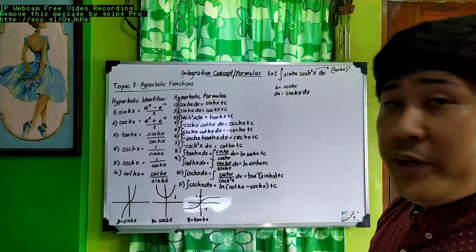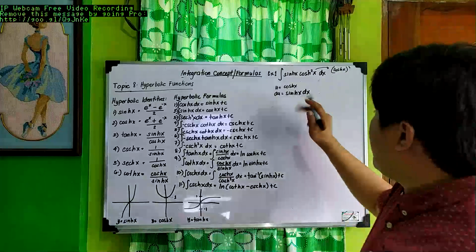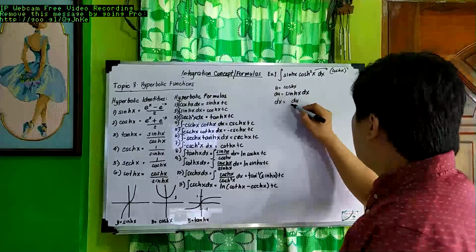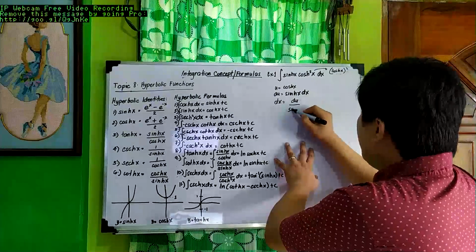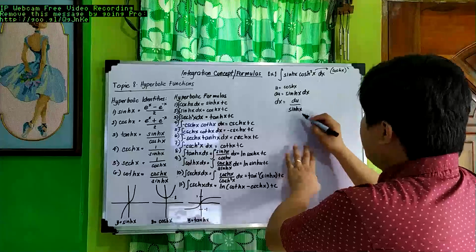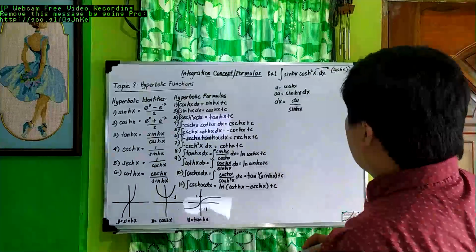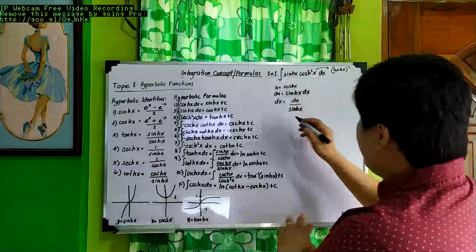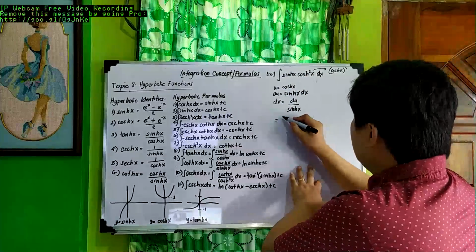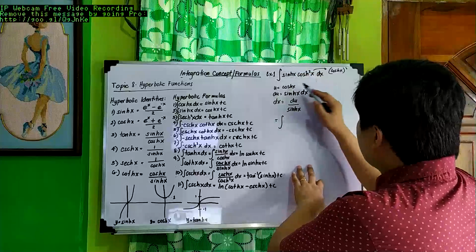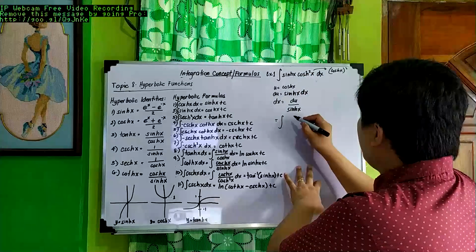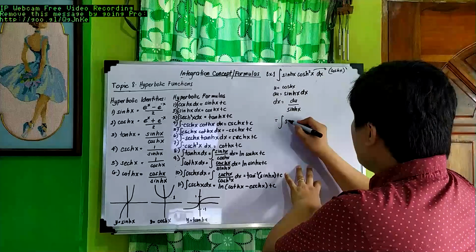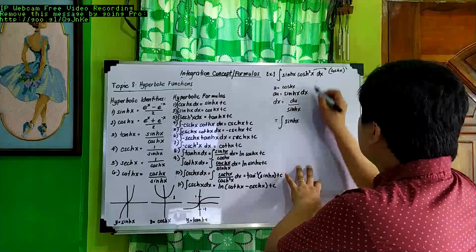Next, what will we do next? So, we get our dx. Your dx will be equal to du over sine hyperbolic x. Then, we already have this. We need to substitute these values to your given. So, we have sine hyperbolic x.